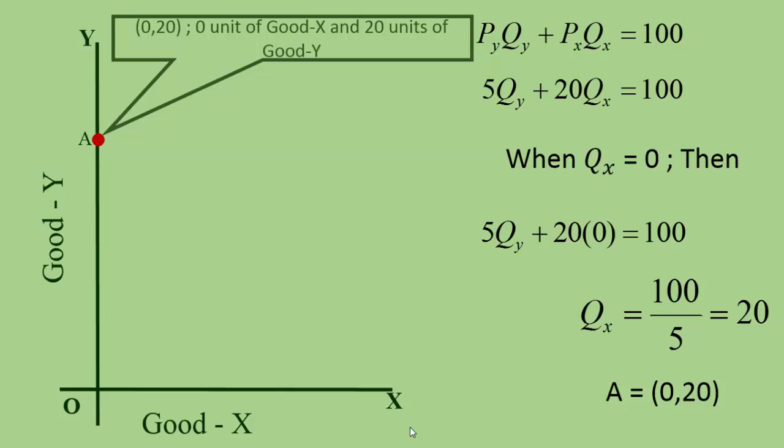Let us name it as point A. His combination consists of 0 unit of good X and 20 units of good Y. It means he has only good Y.